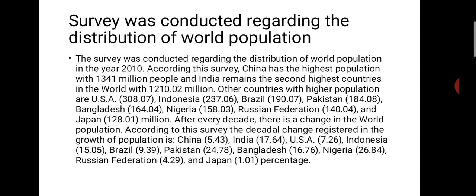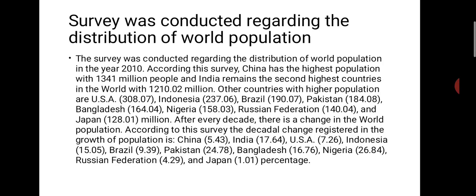Here, a survey was conducted regarding the distribution of world population in the year 2010. Here is a paragraph about the survey of the distribution of the world population.